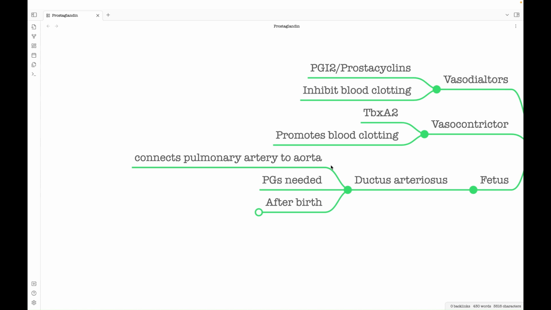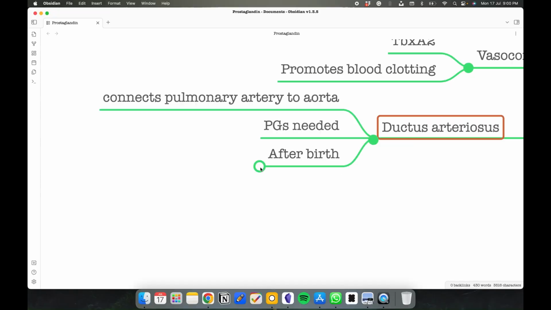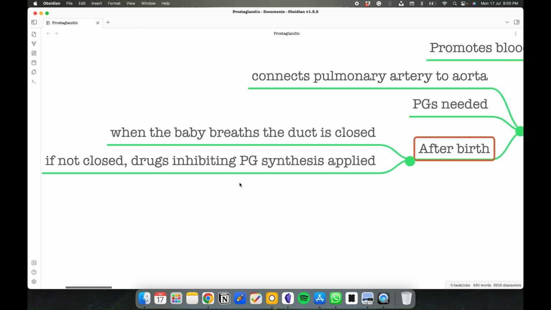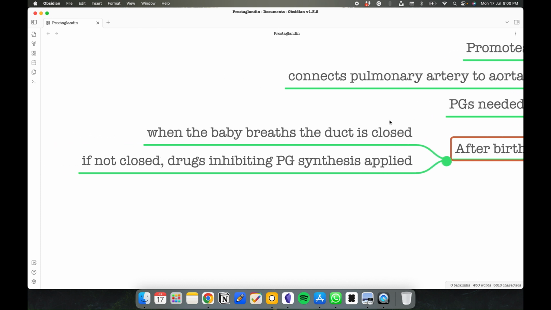But after birth, whenever the child breathes normally, this ductus arteriosus should be closed.